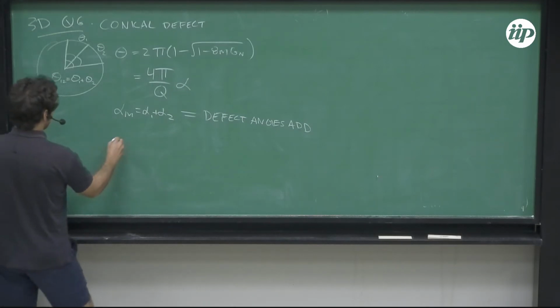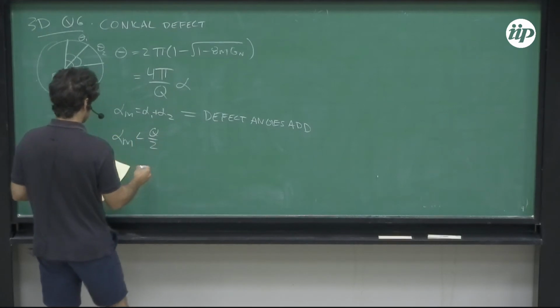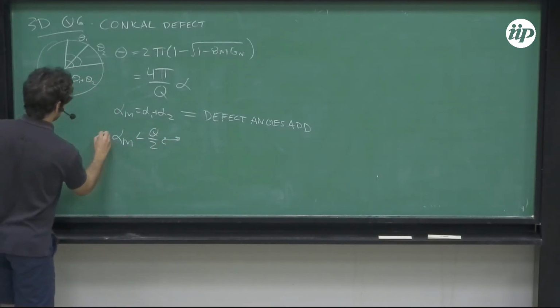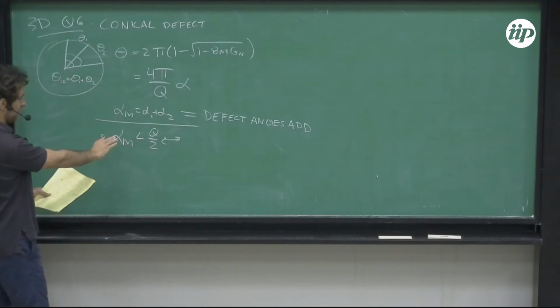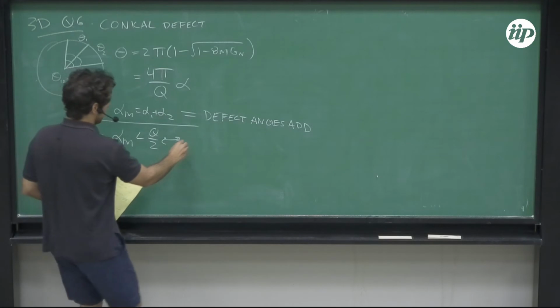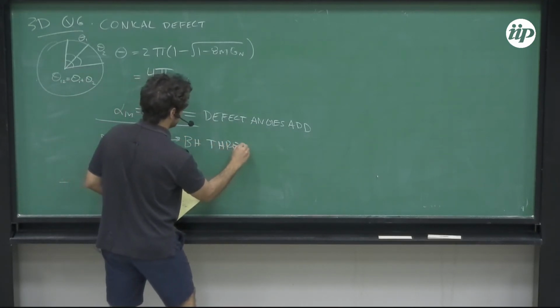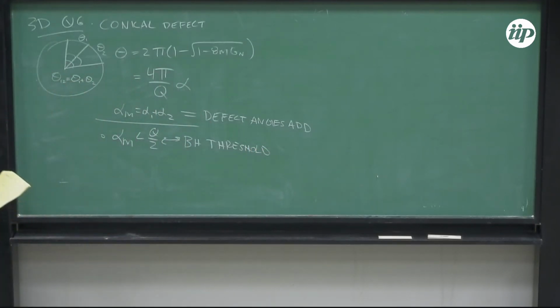I should also say that this upper bound on alpha m reflects quantum gravitational back reaction, and in particular, the statement that alpha m is bounded above by Q over 2 is a statement that there's some threshold for black hole formation.